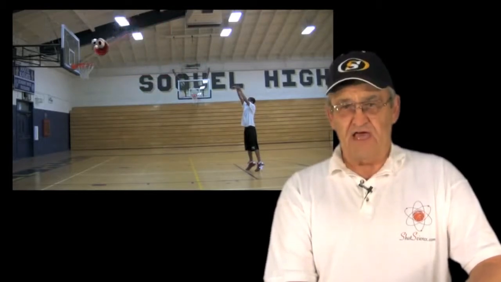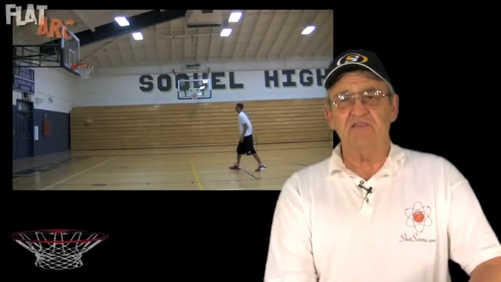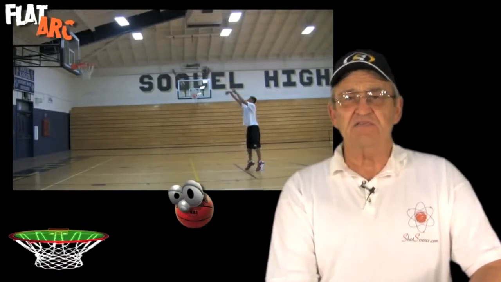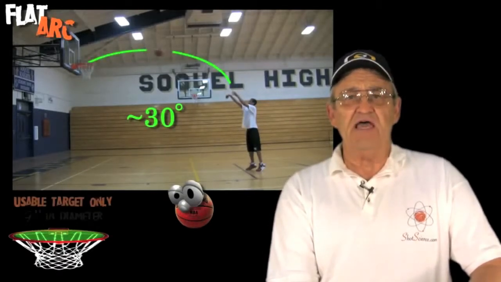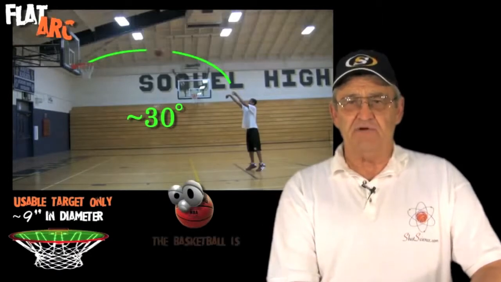As we talk about the arc, let's talk about an analogy: if the ball had eyes and it is approaching the basket, and we have a very flat arc, what's going to happen is that the basket takes on an oval shape. That flat arc is typically around 30 degrees, and the usable size of that basket is only about 9 to 9.5 inches in diameter.